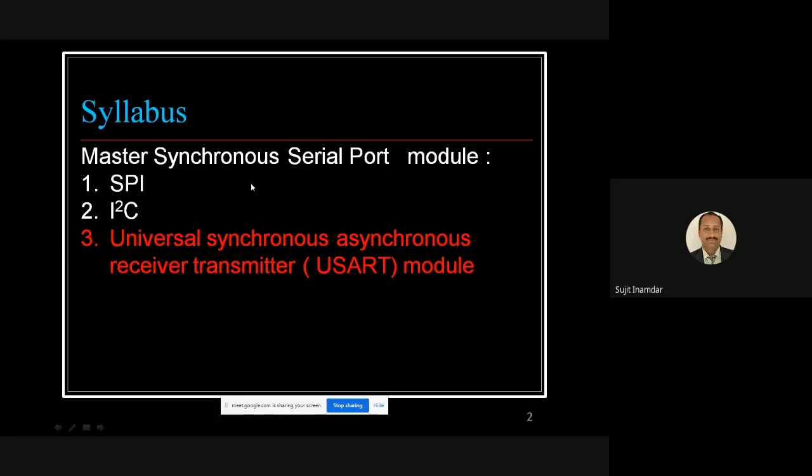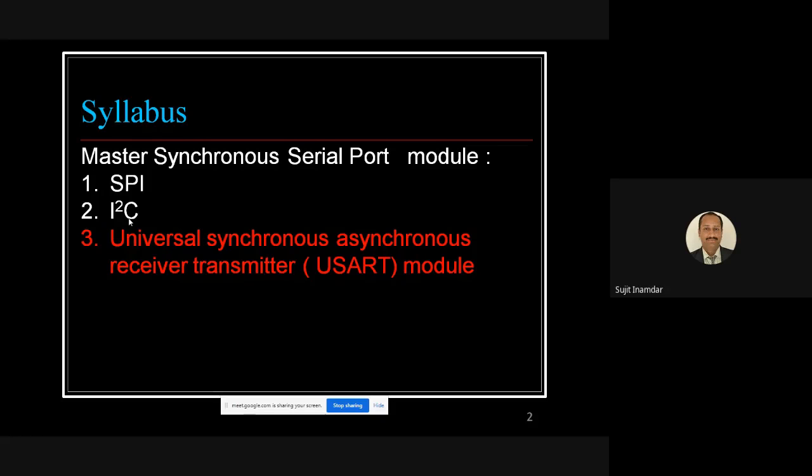It is the master synchronous serial port module, MSSP module, as it is also known. Under that, these 3 modules are there: SPI, I2C, and USART. SPI and I2C we studied yesterday.